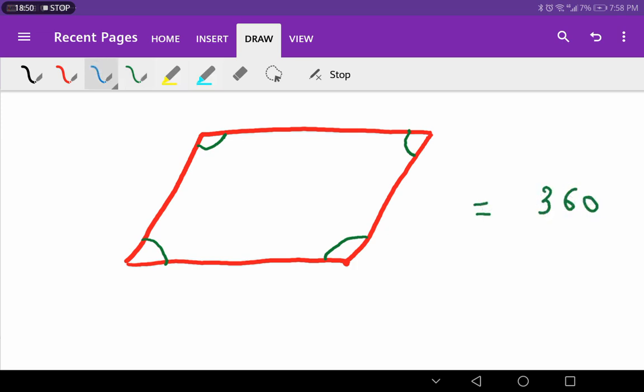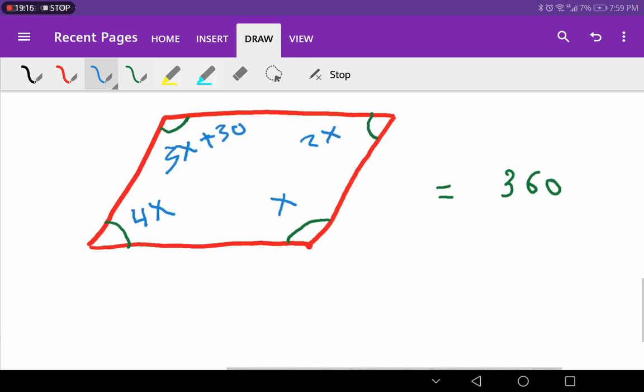That means if I have 3x plus 30 here, and x here, and 2x here, and 4x here, how can you find the value of x?